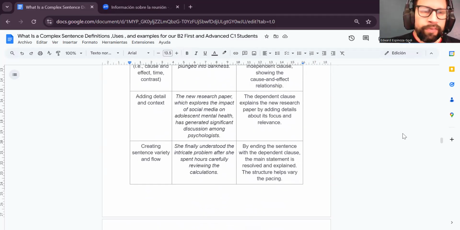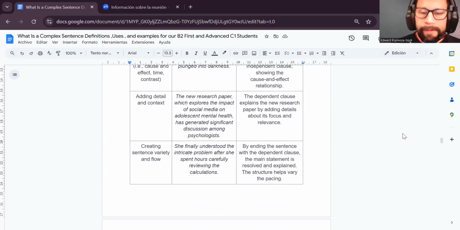Another usage of the complex sentence is adding detail and context. Here's our example. The new research paper, which explores the impact of social media on adolescent mental health, has generated significant discussion among psychologists.